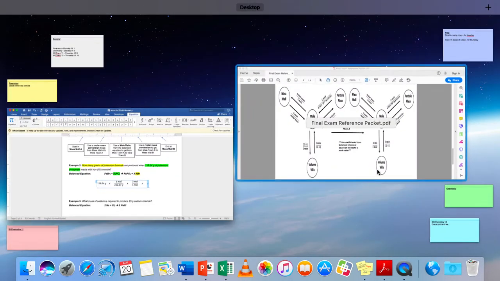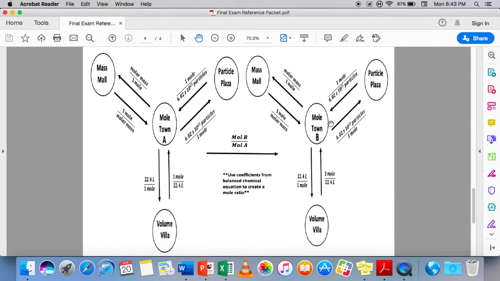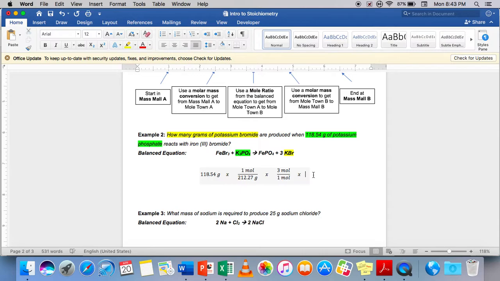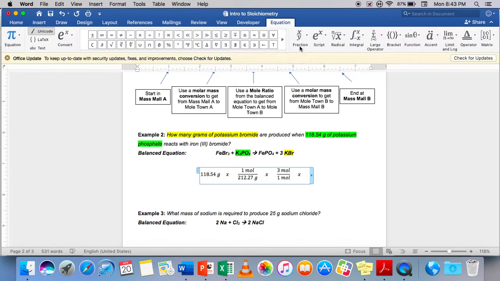And once I'm in mole town B on the right-hand side, I want to get to mass, because again, the problem said how many grams. So I'm going to go up to the top, and it says molar mass divided by 1 mole. So again, I'm going to insert my fraction. I know 1 mole needs to go on the bottom, and then I need the molar mass of whatever my B is. That is my yellow.